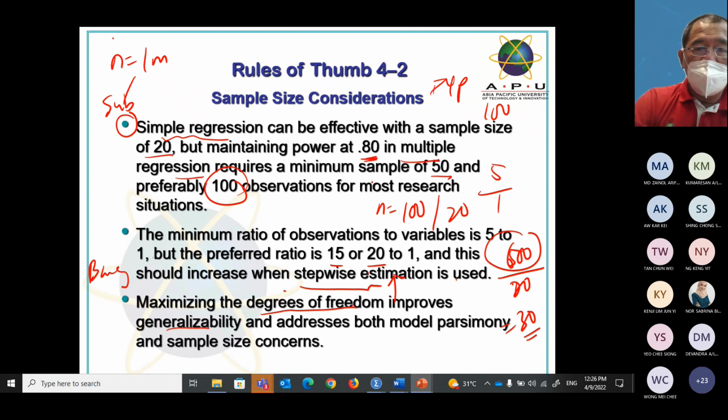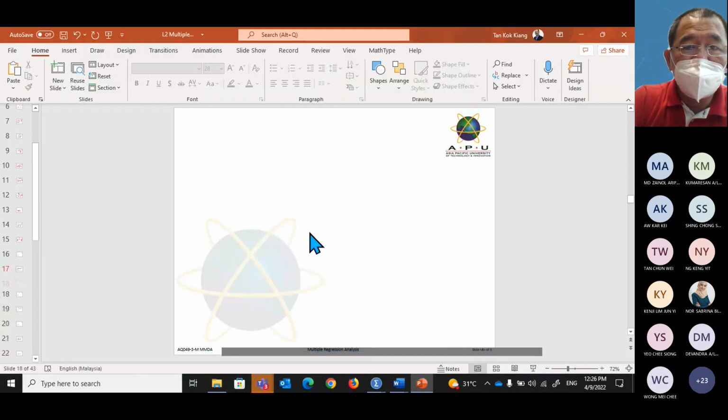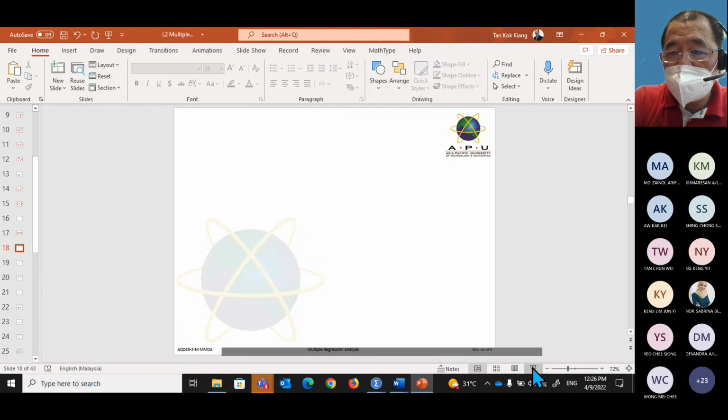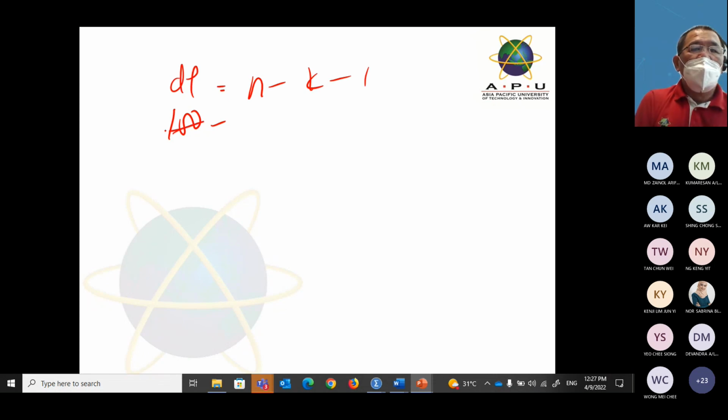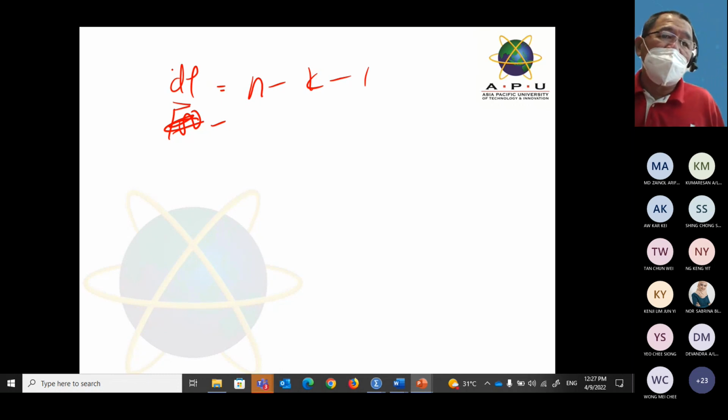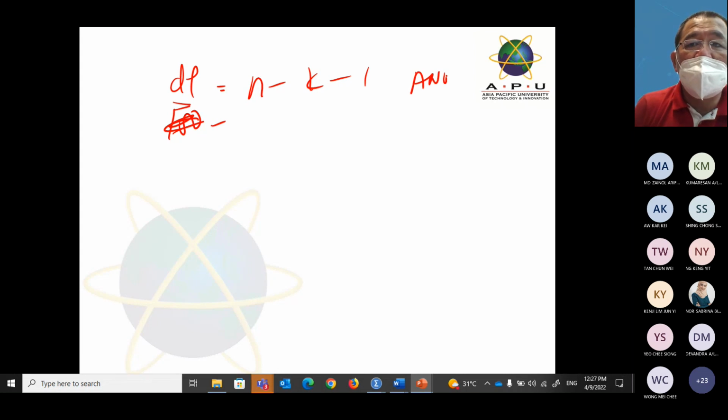Remember, n minus k minus 1 is the df. You have many formulas, different situations need different formulas to compute the df. This one is for the ANOVA, which is under the regression.